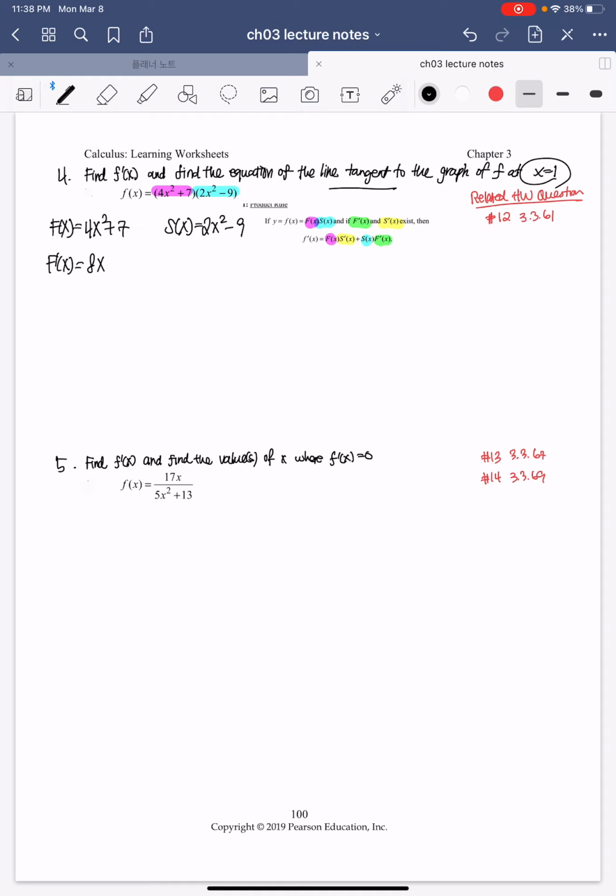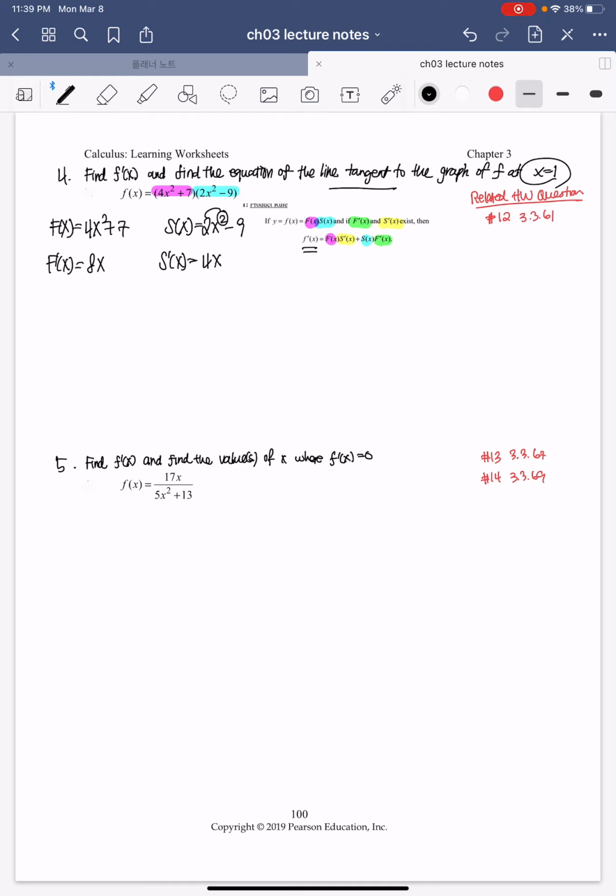Because it is constant, right? 7 disappears. Now, for the second one, I have s prime of x, which is bring down the power, 4x, 9 disappears.